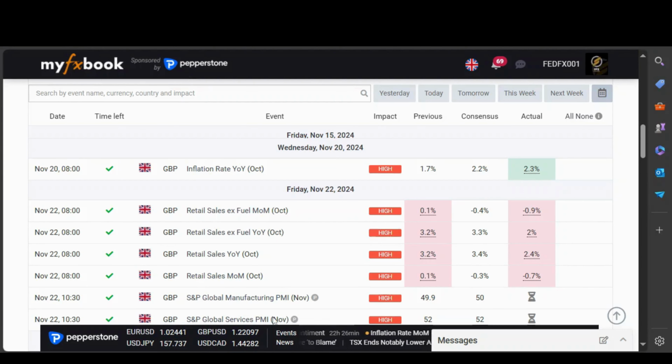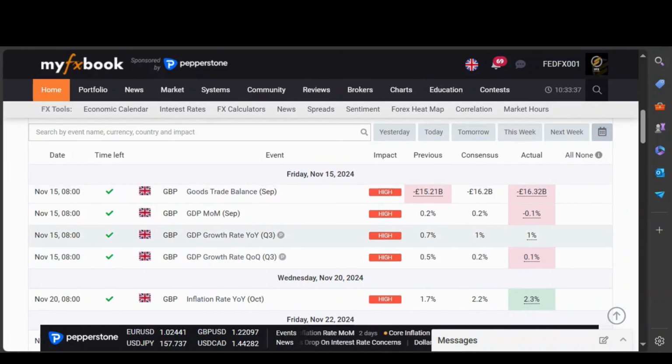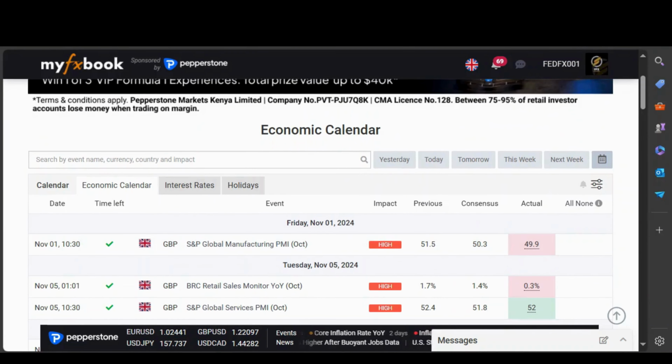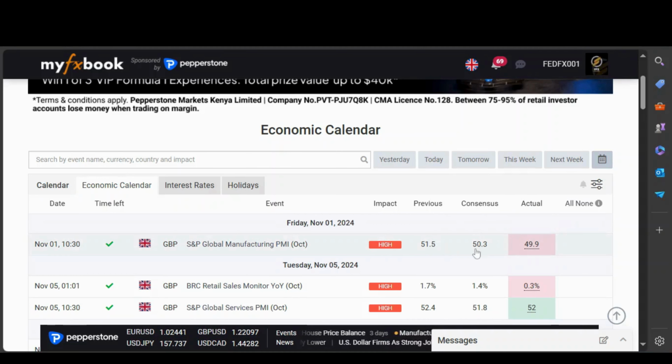Let's delve quickly into the data we've been having for the USD dating from November till date, right? We had S&P manufacturing PMI on the 1st of November 2024. We had it lower than the 50 level, right?